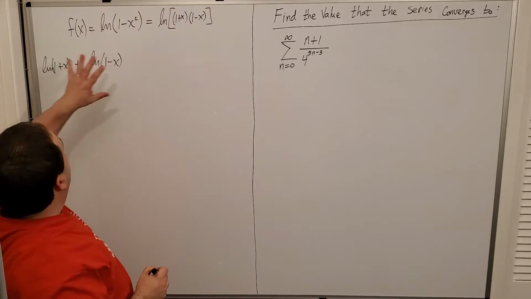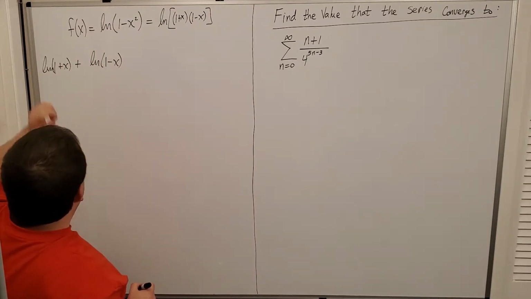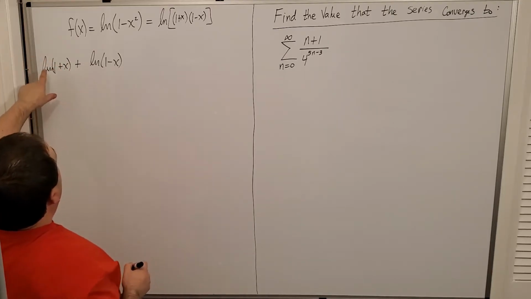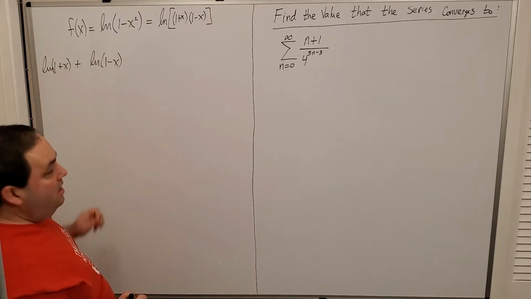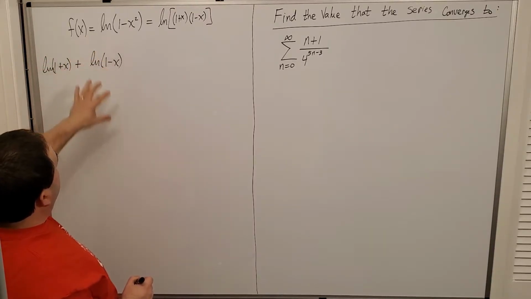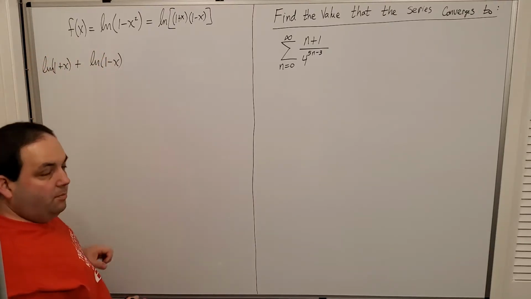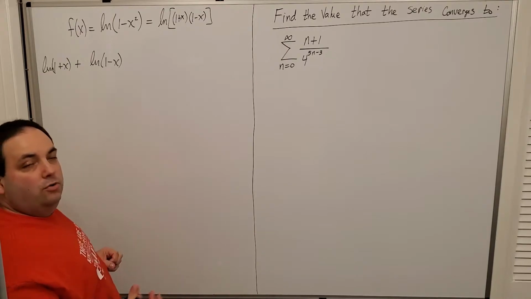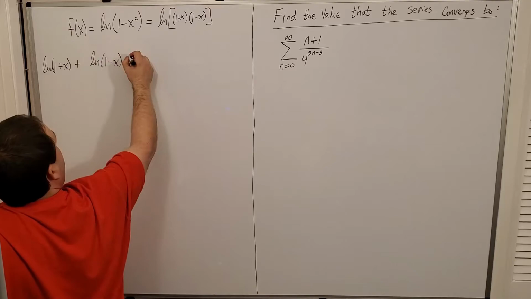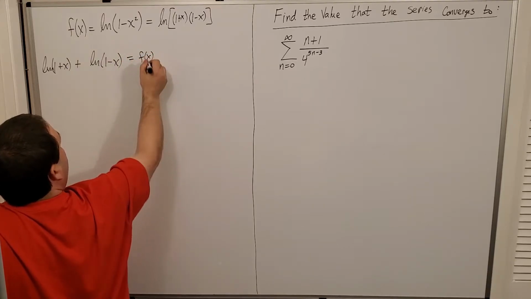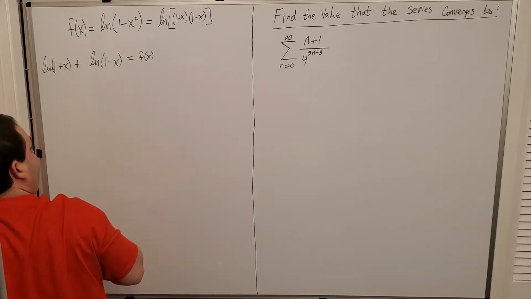Okay, so I'm just using my logarithm properties here to do that. From here, though, I can actually say that each of these is an antiderivative away of being something that would be easy to convert from a power series. So this is still equal to our function f right here. This is just another way of rewriting our function f.